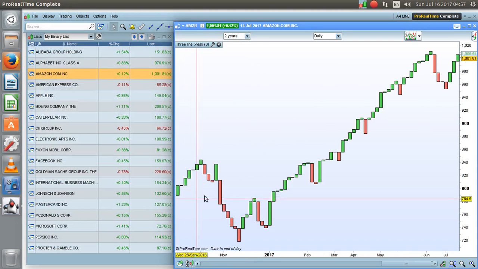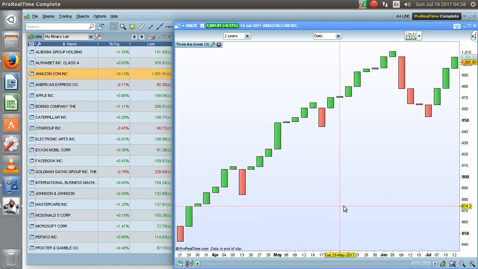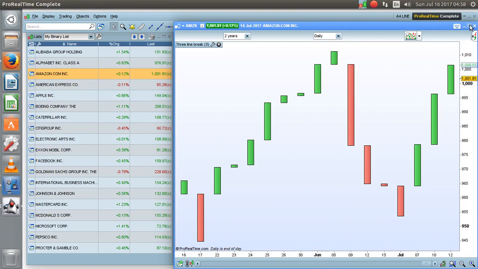Again, we're using the closing price, but the time is not that important. What's really important is the price, or the closing price. Let me zoom in a lot closer and make this larger so you can see it better.